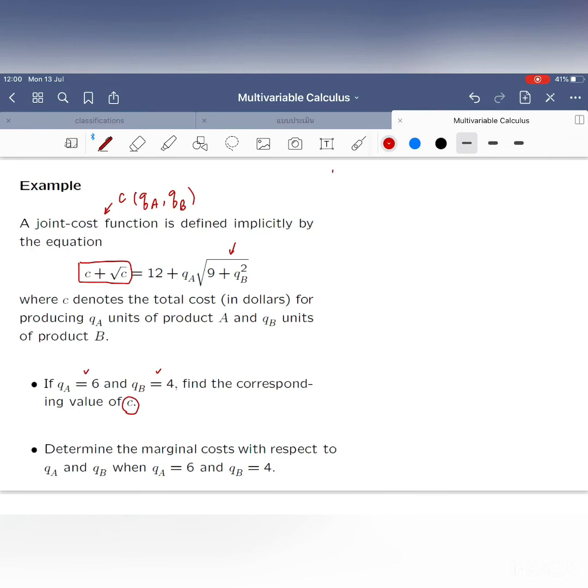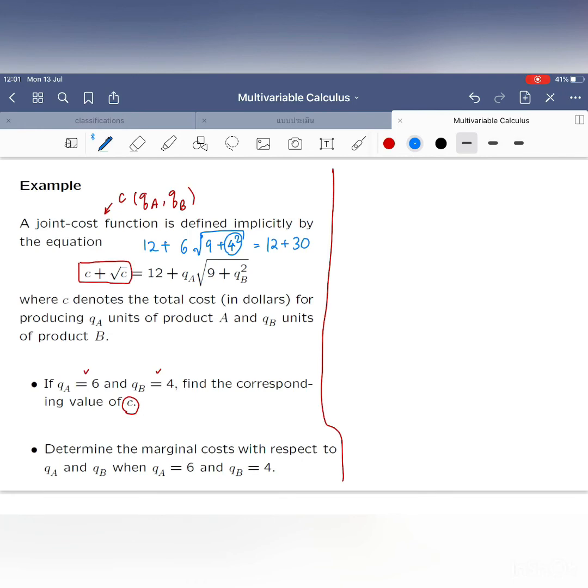So let's try the first question. You are going to plug in your QA to be 6, your QB to be 4, so it is 4 square, so it is 12, and this one is 16 plus 9, so it is 25, so it is 5 after the square root, then multiply by 6, so you got 30.